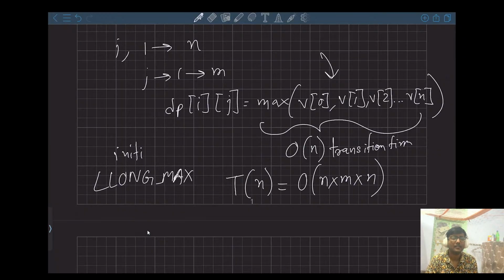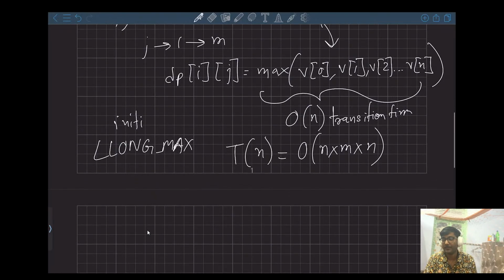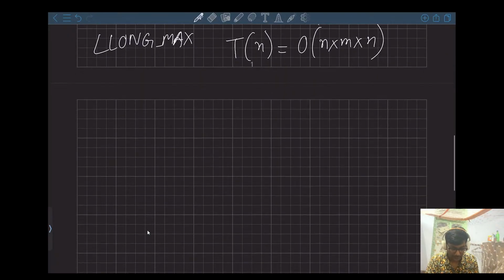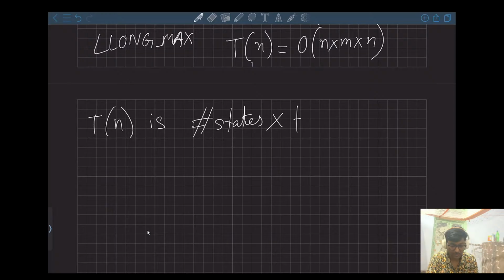Here, the auxiliary space that we have taken is n multiplied by m, because we have that many DP states created externally to solve our problem. I hope this makes sense. So, can I say that time complexity is the number of states multiplied by the time taken by each state?